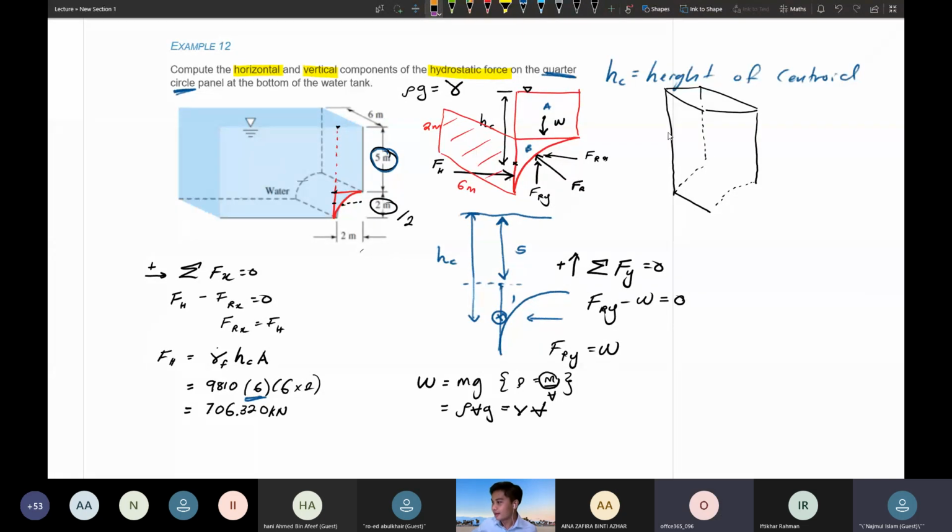Okay. So how to get this volume? Volume of cuboid minus 1/4 volume of cylinder. Yes, perfect. So the volume of the whole block, rectangular, minus the volume of the quarter cylinder.